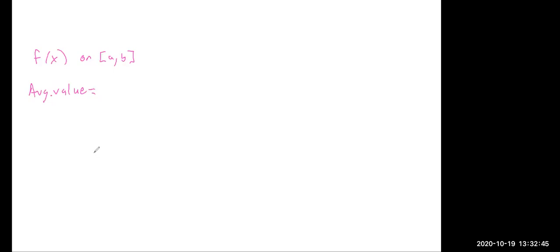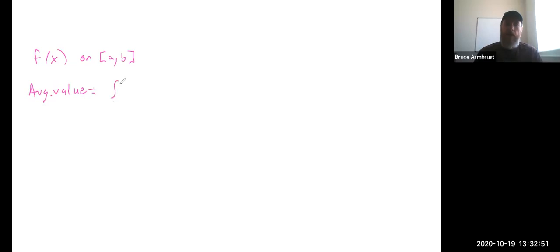So let's go back to just average value. Let's say you've got an f of x, and you wanted to find the average value. Do you remember how to do it? Don't you just integrate it and use the fundamental theorem? Okay, so you integrate from a to b, f of x dx.